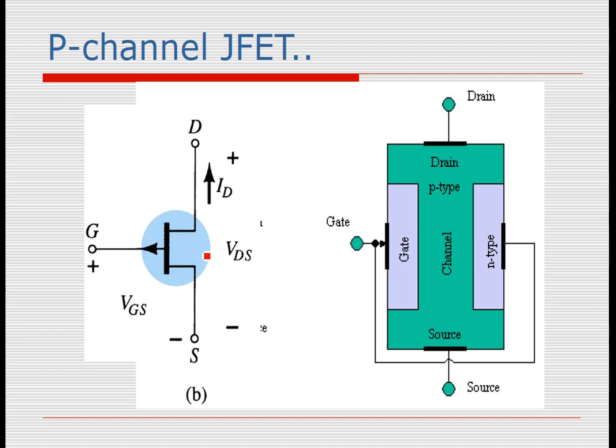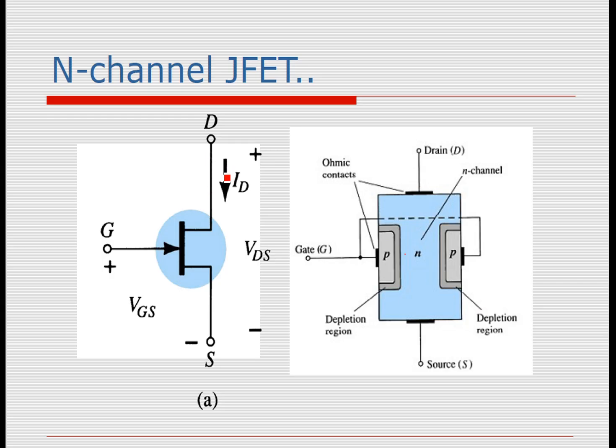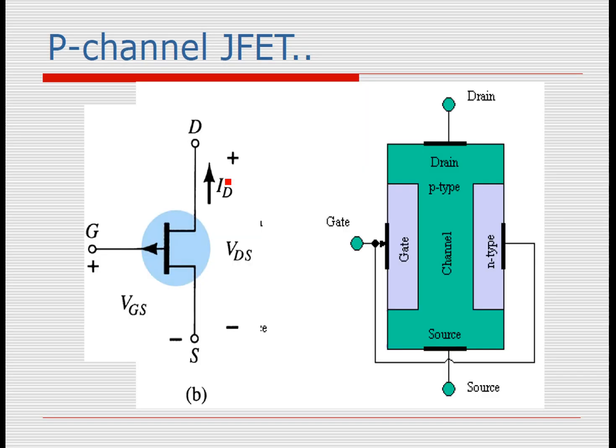The only difference is, you can see in the previous diagram the current direction is like this, but here the current direction is opposite, because in the p channel the current is mainly due to holes only, that is only one type of carrier. In the n channel the current is because of electrons, but in the p channel the current is due to holes.